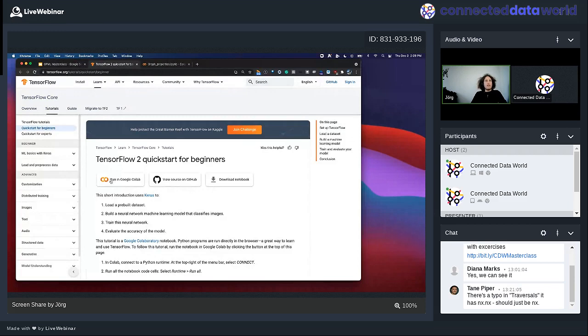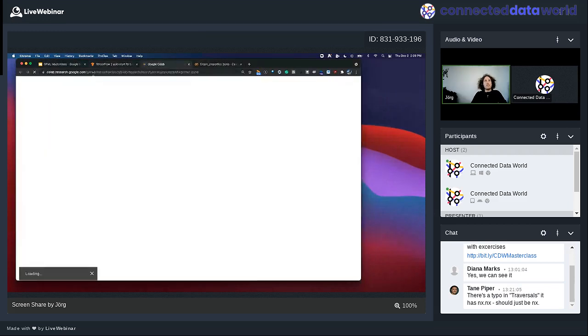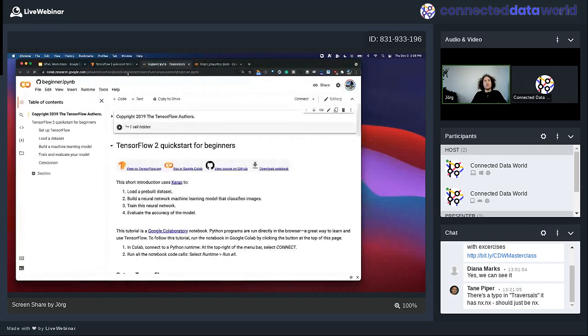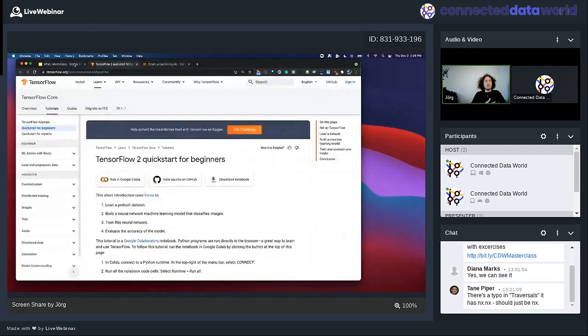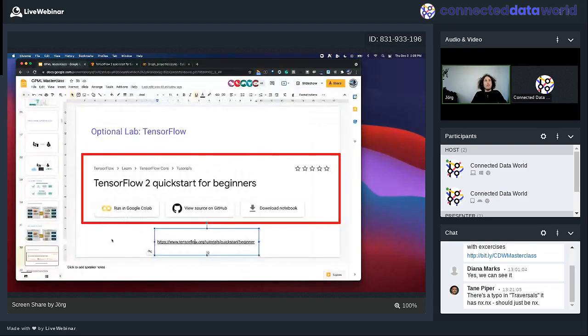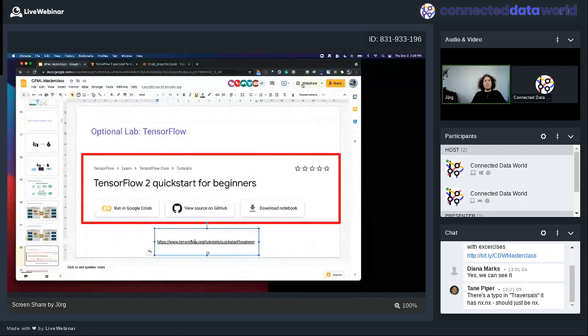And interestingly, their entire documentation, or almost the entire documentation, is also based on Jupyter notebooks. So they basically turned the documentation into executable notebooks, which I find quite useful and interesting because it makes it really easy to get started and just play with those things. Okay, back to the slides.